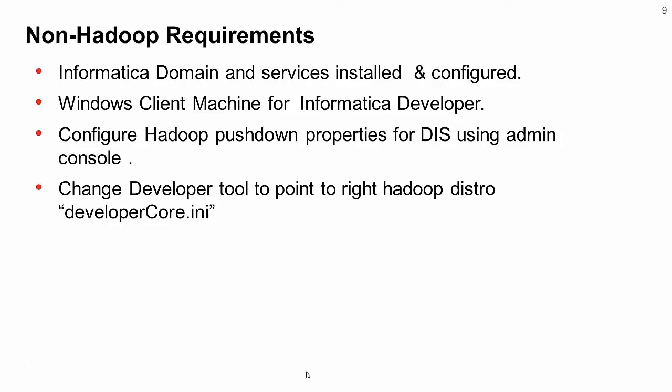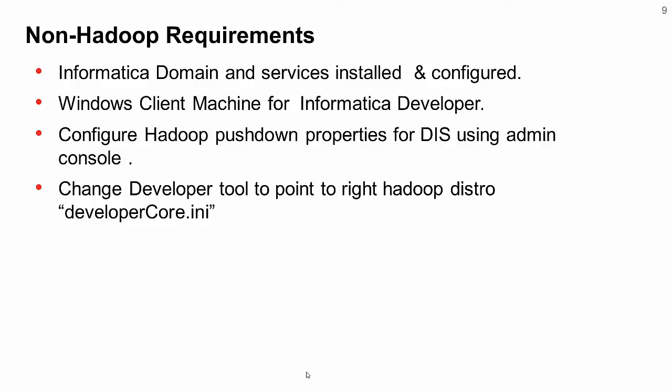Okay, so in terms of Hadoop requirements, right? So I talked about having an Informatica domain, talked about having the services installed and configured. Obviously, you need to have a Windows machine, typically your laptop or desktop with Windows 7 or a supported Windows OS that will run the Informatica Developer tool.